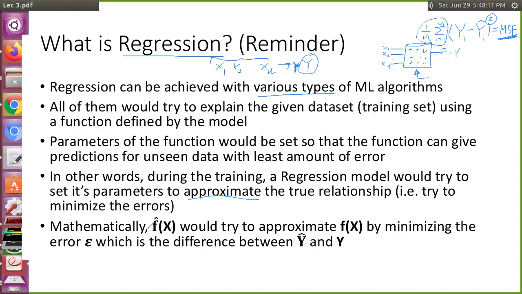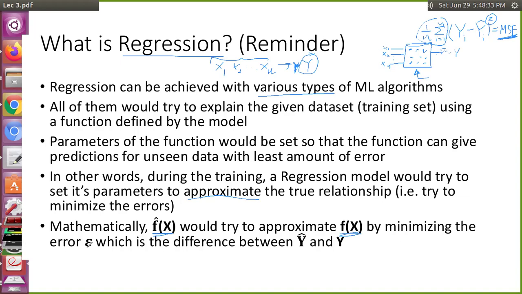So mathematically, this approximated function, or the machine learning algorithm, can be given by f hat x, right? And what we are trying to do is approximate the y, or the f x.